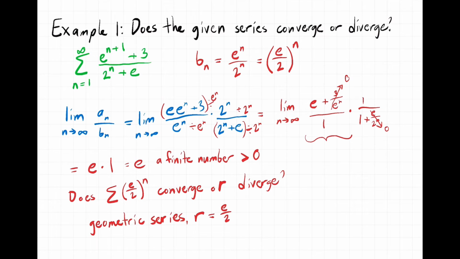So how big is that? Well, e is about 2.718, over 2. So this is definitely greater than 1. So if we have a geometric series with our r being greater than 1, then our series diverges. So what this tells us is that our original series also diverges.